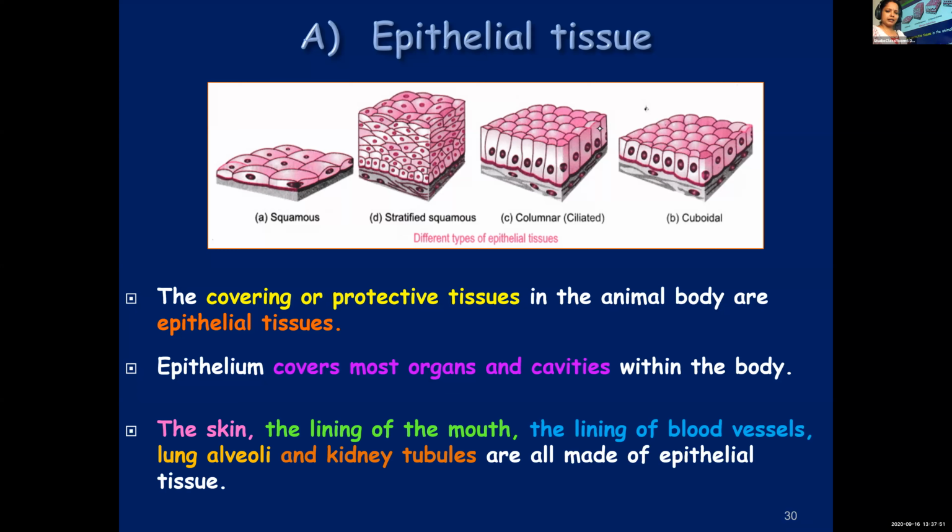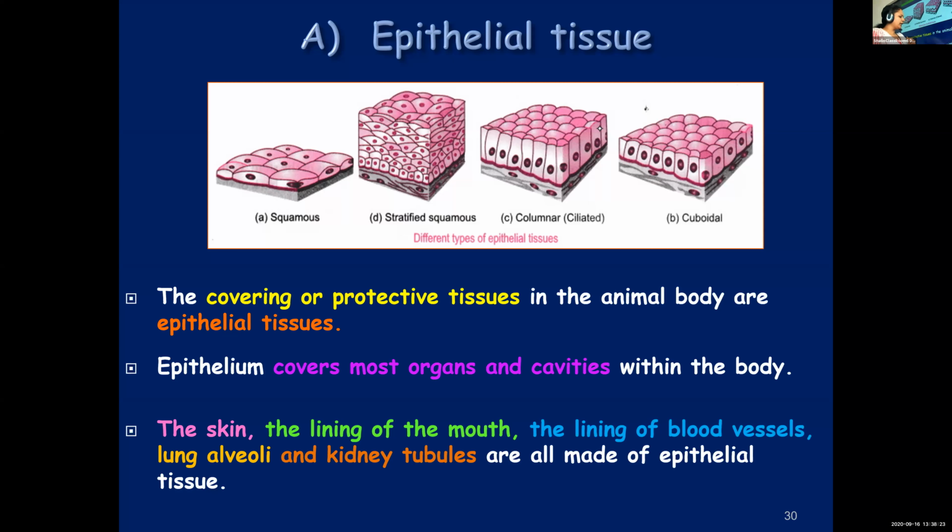Some examples they have given. Skin you can find. Skin is made up of epithelial tissue. The lining of the mouth, the lining of the blood vessels, lung alveoli, kidney tubules, all these are lined with which tissue? Epithelial tissue. These are some examples where you can find epithelial tissue.